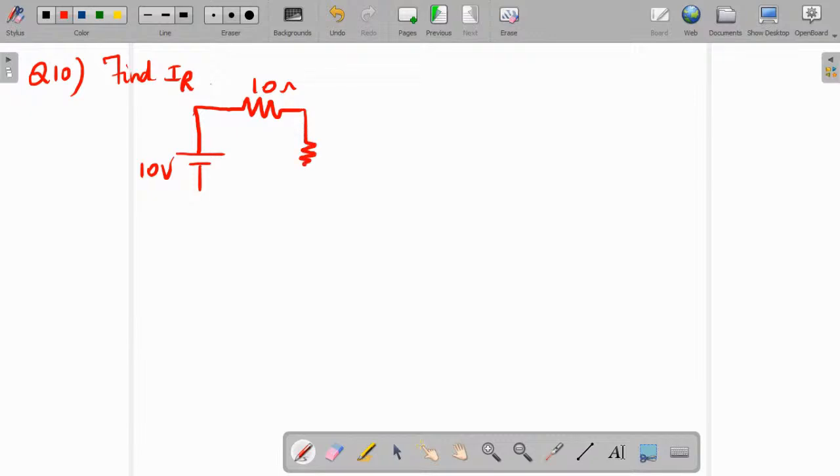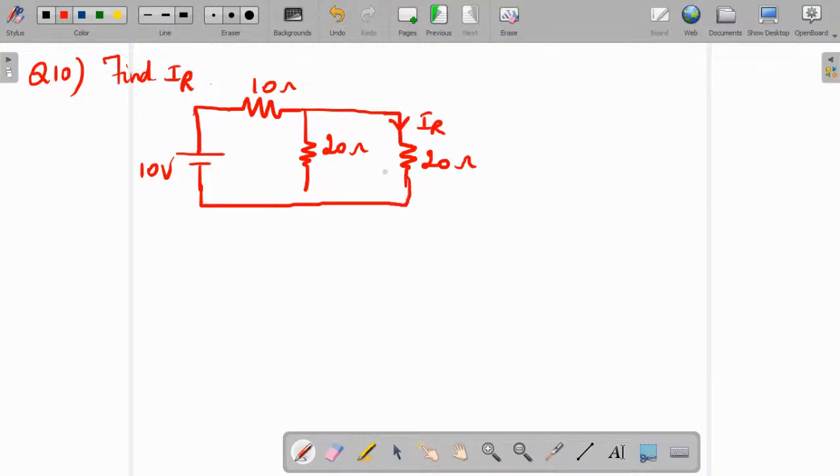Next 20 ohm. This is IR, 20 ohm. Yes, so these are all your workouts.